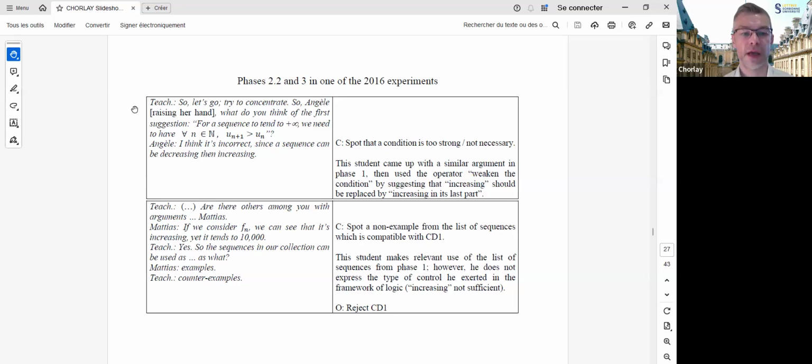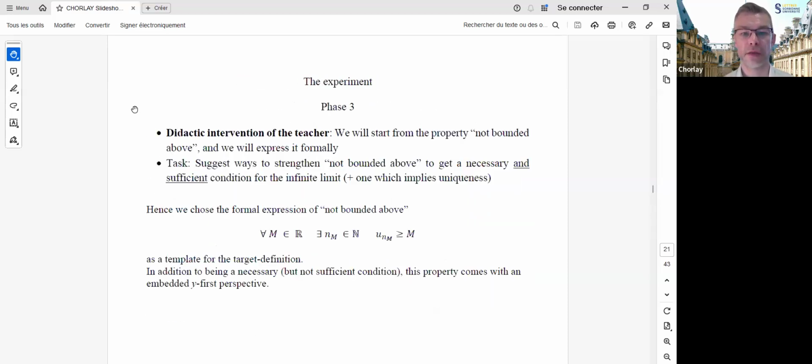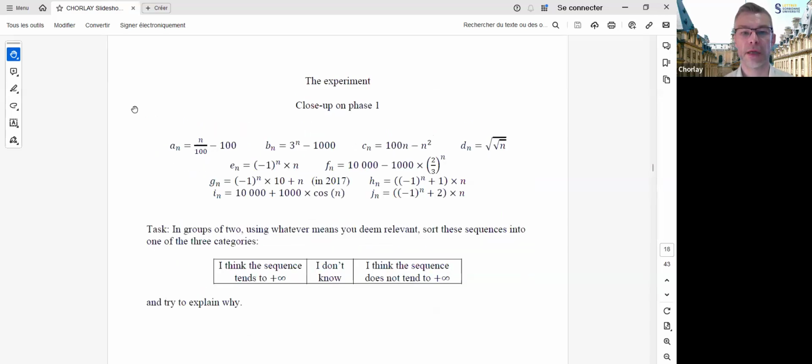Matthias, if we consider Fn, which one was that? Okay. So indeed, this one is increasing, but it does tend to 10,000.